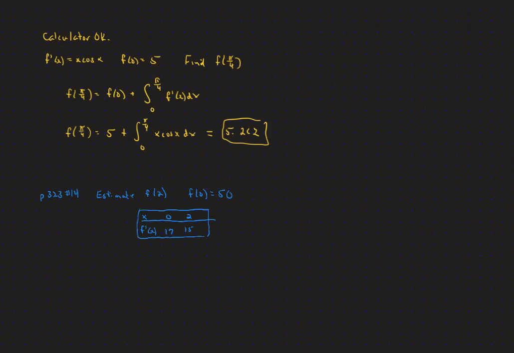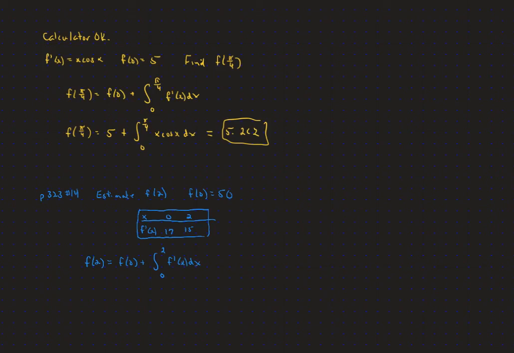So the idea is we know that f of 2 is going to be f of 0 plus the integral from 0 to 2 of f prime of x dx.